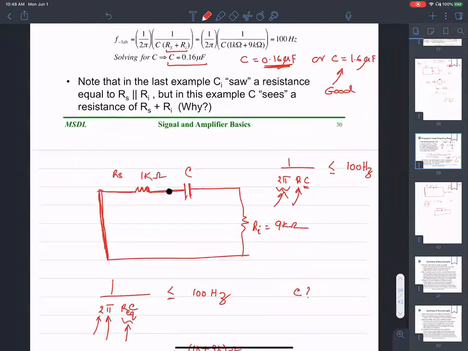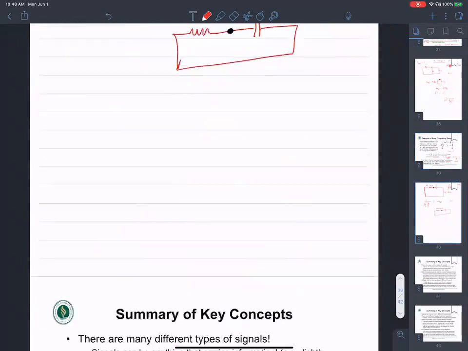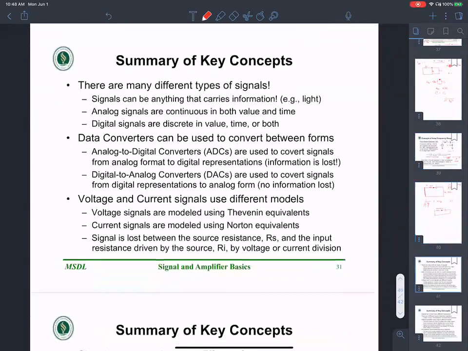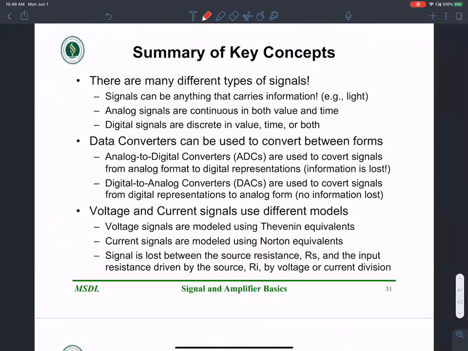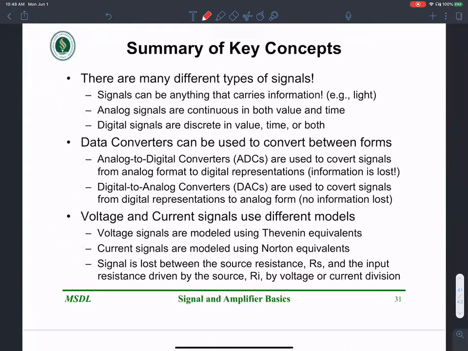Okay. So let's continue from there. That should pretty much cover all the topics for chapter 1. The key topics that we want to remember are that there are many types of different signals. Signals can be anything that carries information.